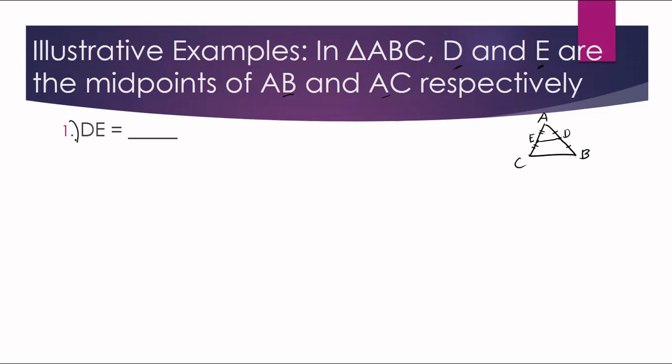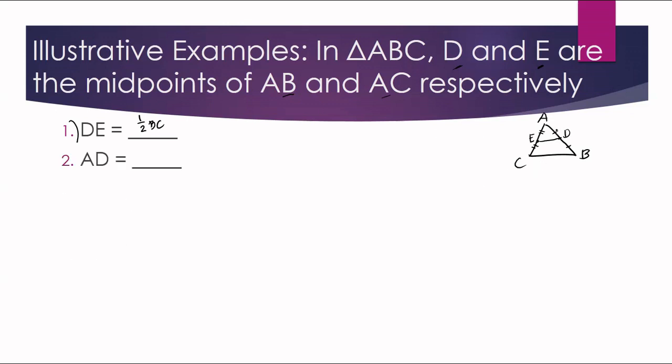Let us find the following. Number 1, DE is equal to what? Yes, it is equal to 1/2 of BC. Since we have no measure, it is just the description that segment DE, which is the midline, is 1/2 the measure of the third side, which is BC.